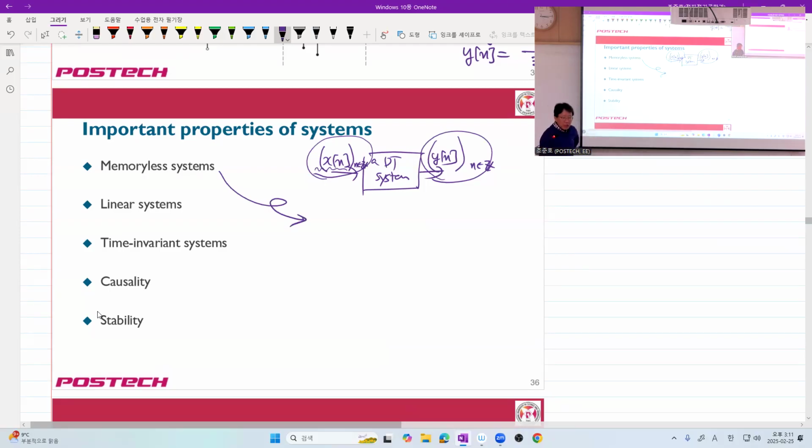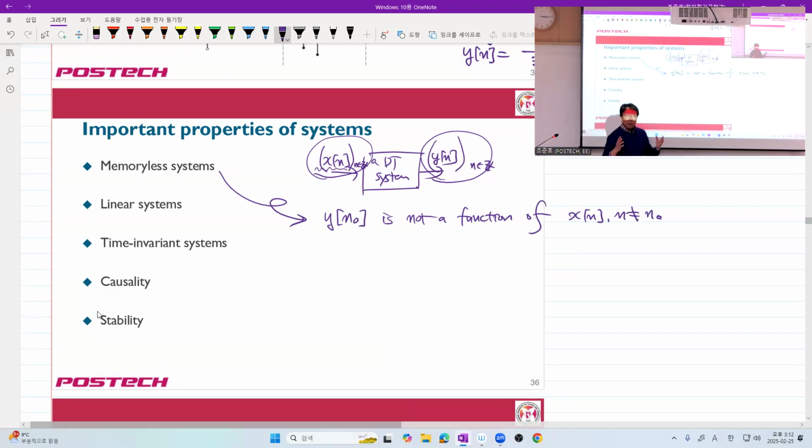Memoryless means that your current output at time n0 is not a function of x of n where n is not equal to n0.